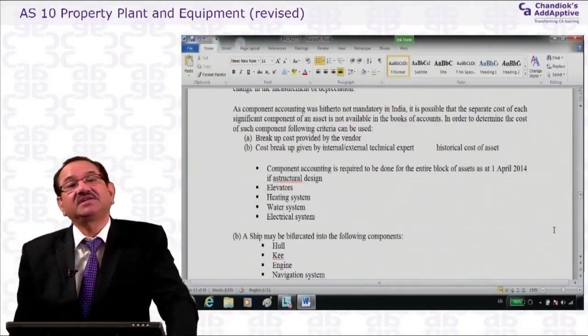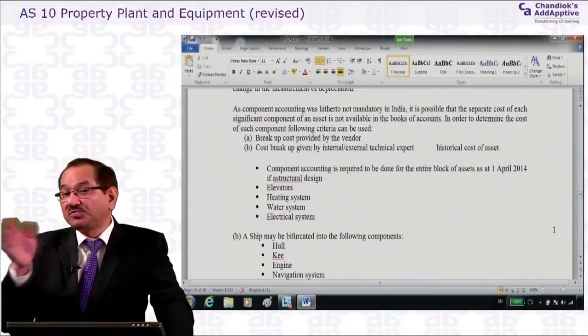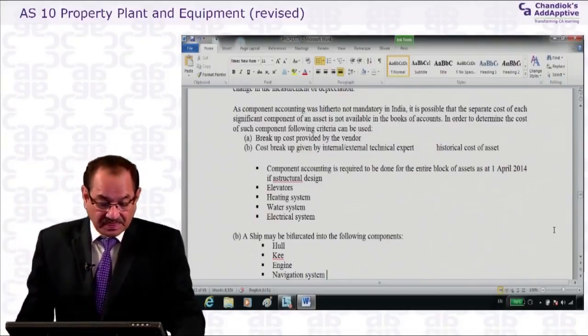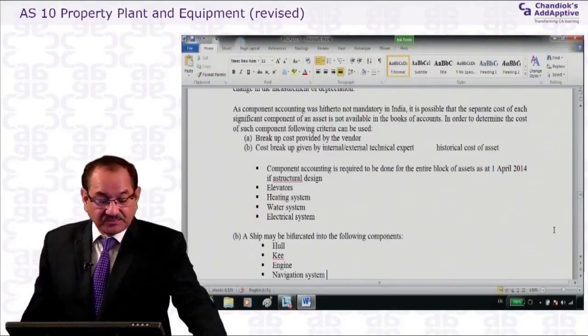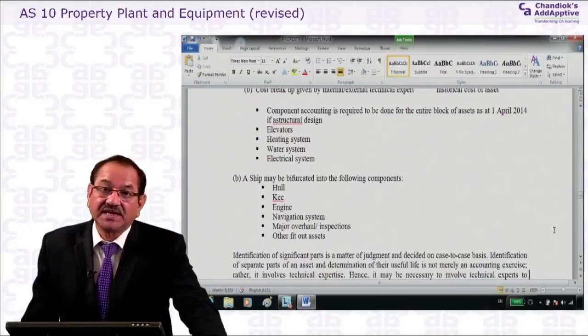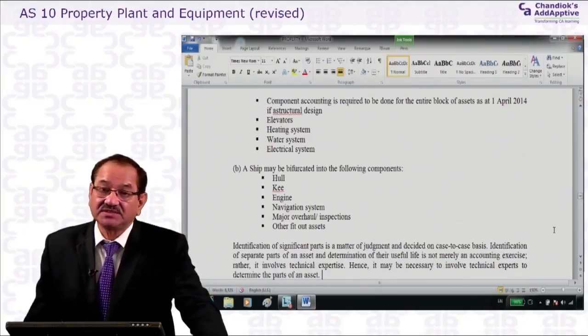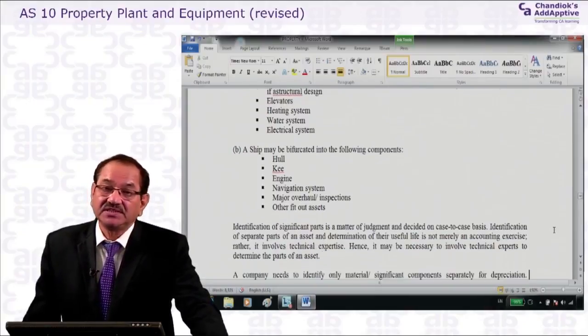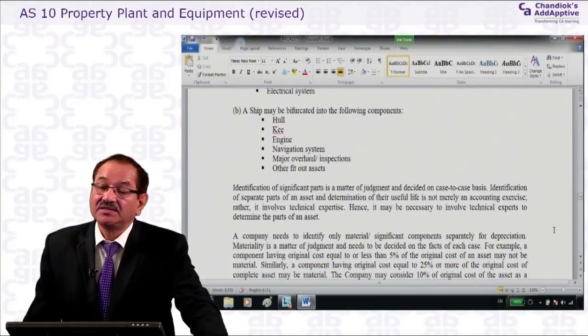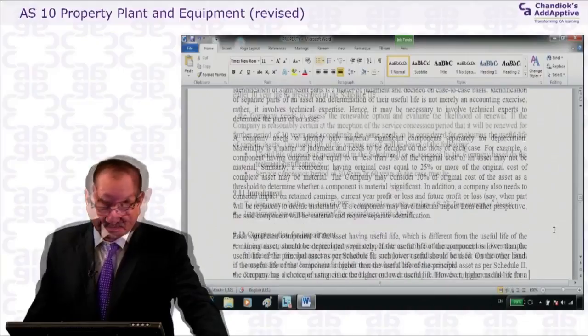It has to be separately depreciated because the useful life is different and the cost is significant. So these are the points explained in the guidance note, and please go through it. That's important. It will give you a concept of how depreciation has to be provided under the new accounting standard 10.